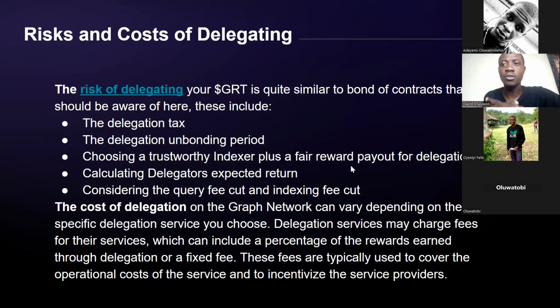So when you're delegating to them, you have to ensure that you trust them, because it's a game of trust. You must also be aware that the indexer you're delegating your GRT token to will give you a fair payout of the GRT you've staked. You must also be aware of the risk involved in calculating the delegator's expected return. Your return must be well calculated, so you already have the query.